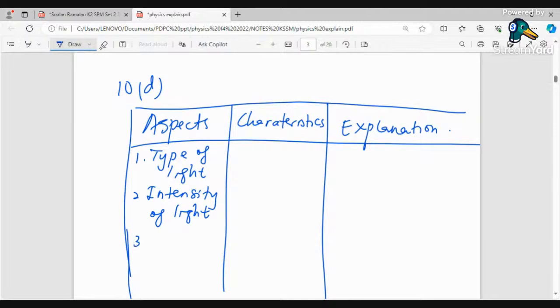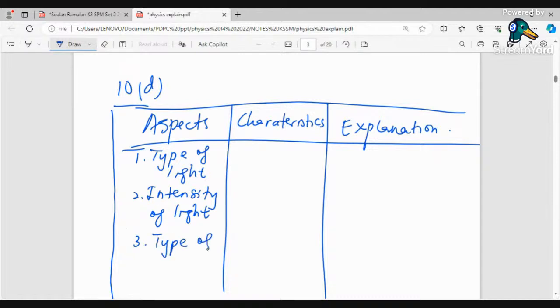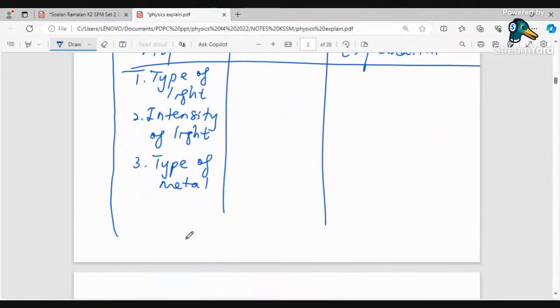Okay, aspek yang ketiga, aspek yang ketiga tadi ialah type of metal. Okay, salin dulu semua aspek ya supaya you tak tinggal. Battery connection. Okay.